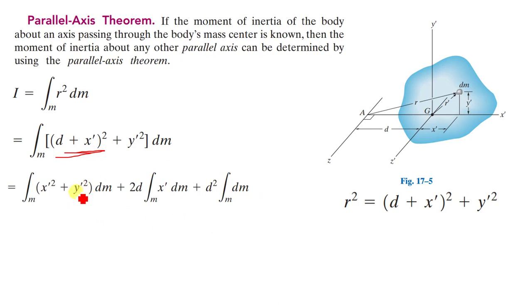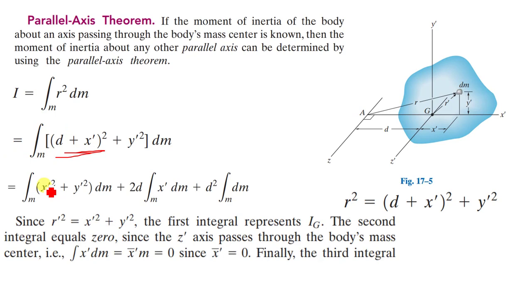And of course there is this x prime squared plus y prime squared. So they just expanded that part, and then they split, they distributed this integral symbol.